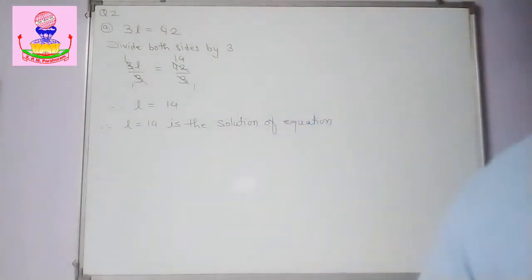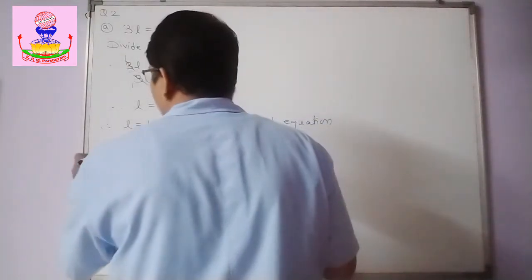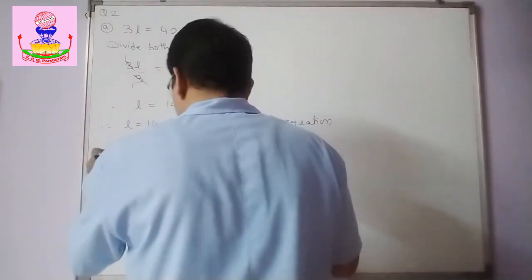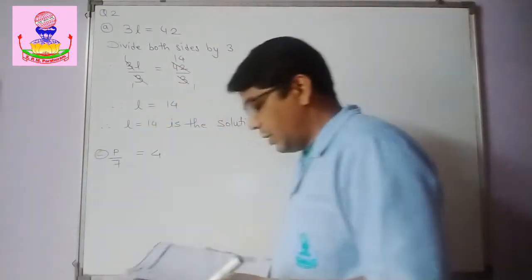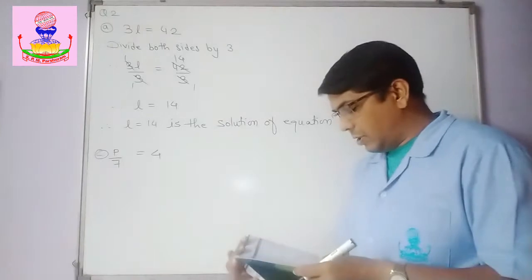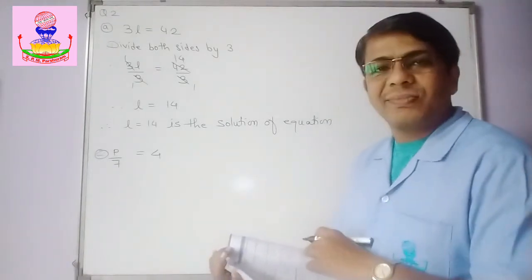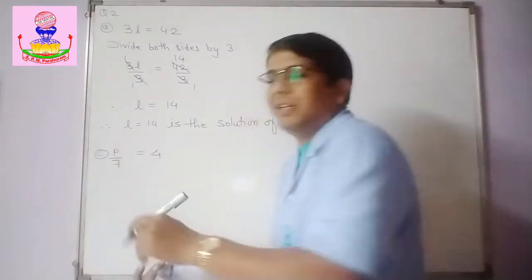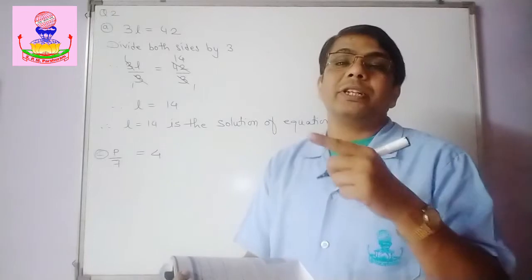Okay. Then I am going to solve C. P upon 7, that is equal to 4. Now here it is in division. Opposite of division, so exactly opposite operation you have to do.